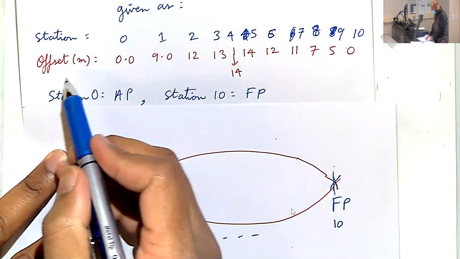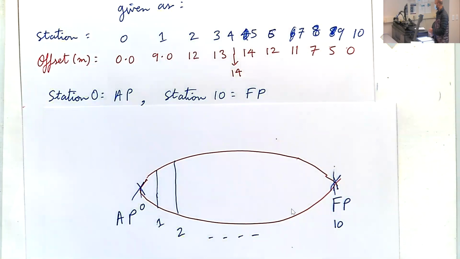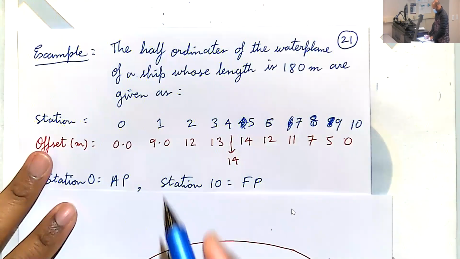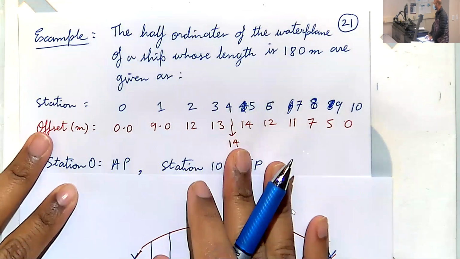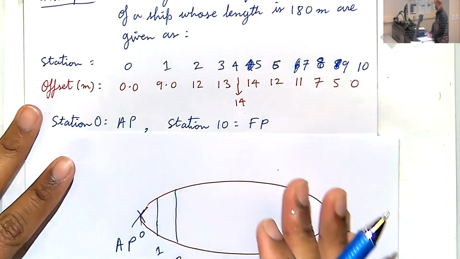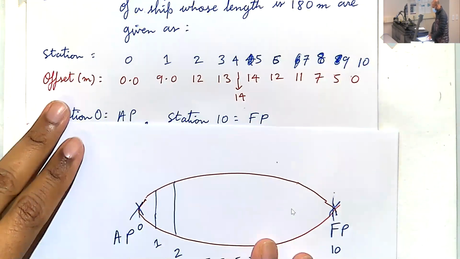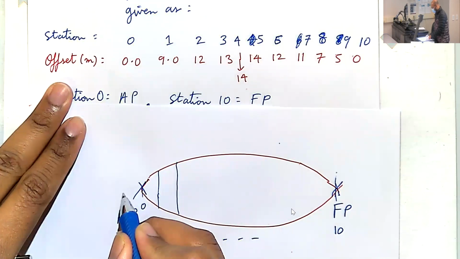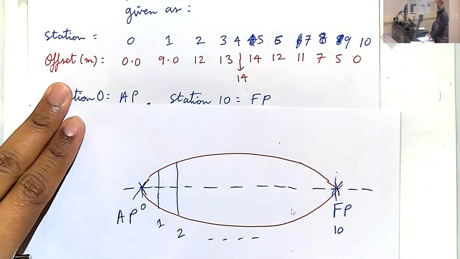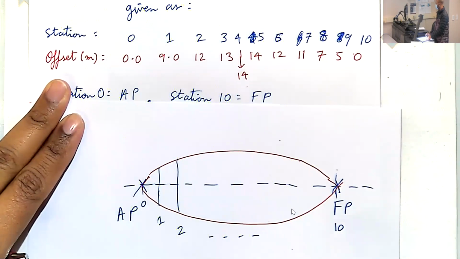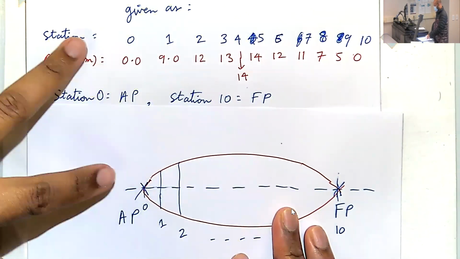All right, what do the red coordinates give you? Half ordinates. What does that mean? Look at the values and it might make sense.